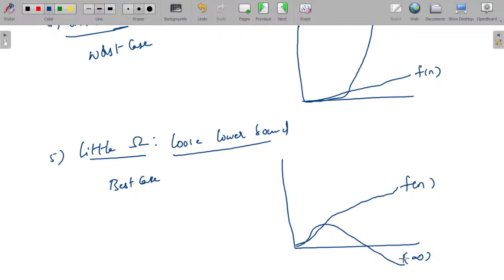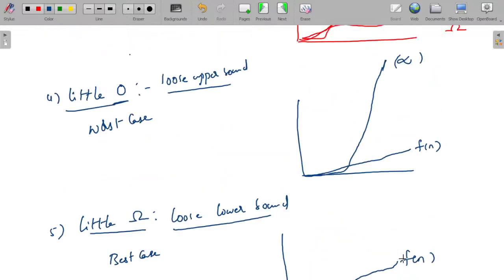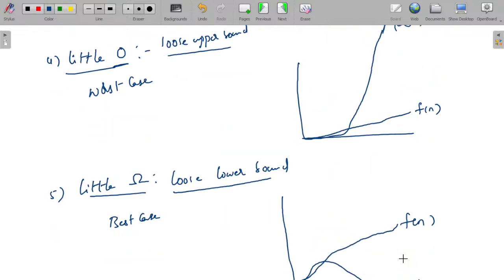Hope you have understood the time and space complexity and also asymptotic notations. If you have any doubts in them, you're free to ask your questions.